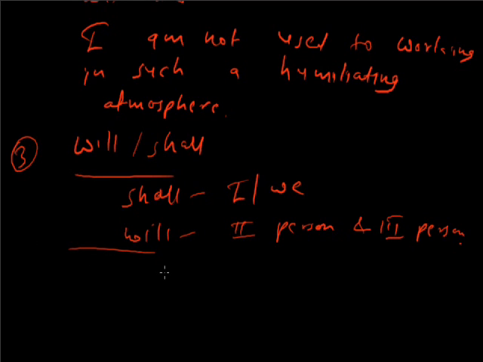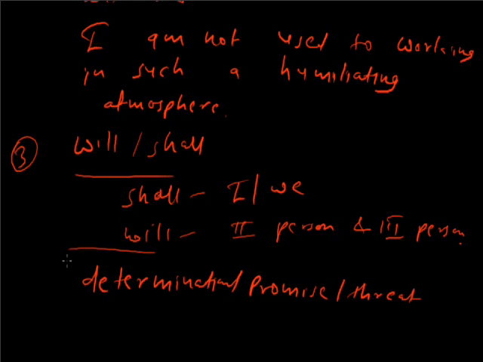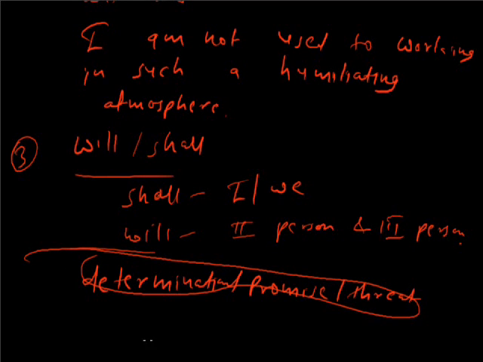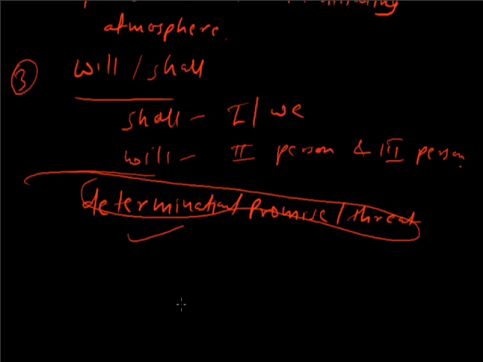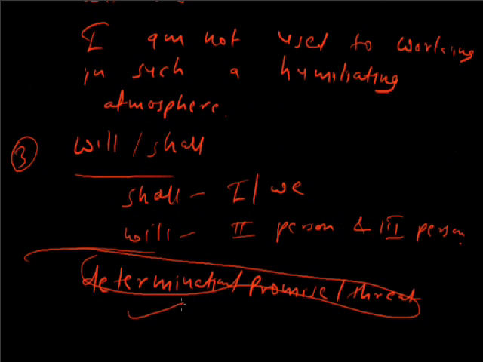But then here is something. When you want to show determination, promise, threat. When you want to show these things, determination, promise, threat, all three of them. Never mind my handwriting. I'm so sorry. So when you have to show determination, promise, threat, then I'll tell you.